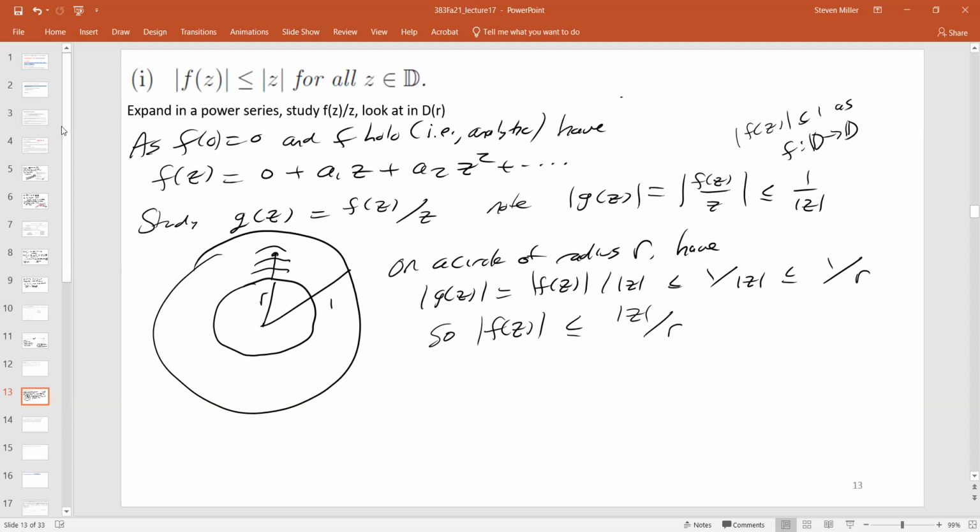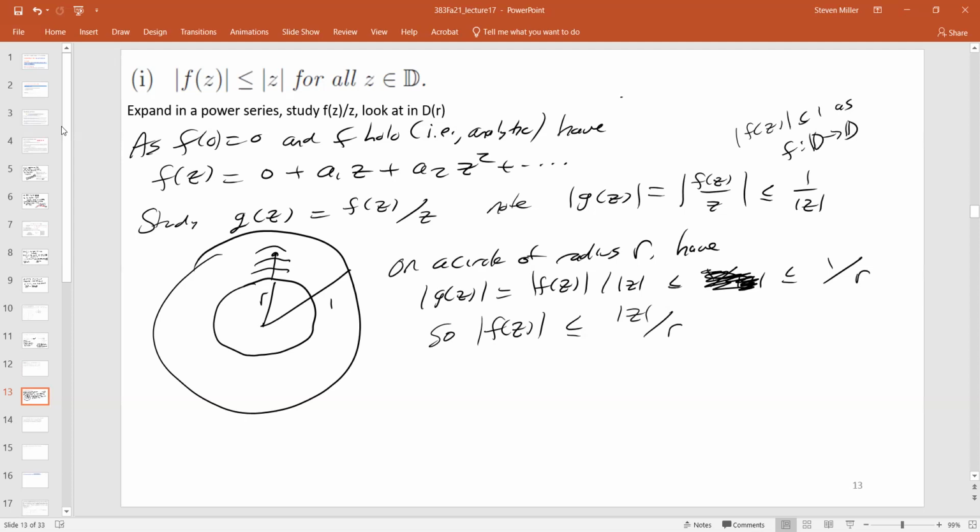Well, I have the absolute value of f of z over z is less than or equal to 1 over r, so just multiply both sides by the absolute value of z. Why is it less than or equal to 1 over r on the circle of radius r? Oh, because I did things very quickly.